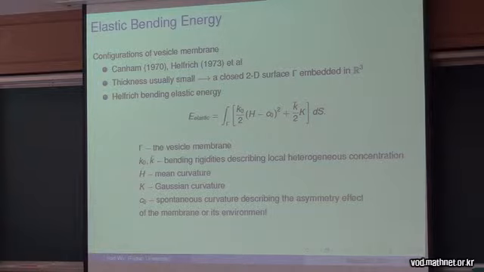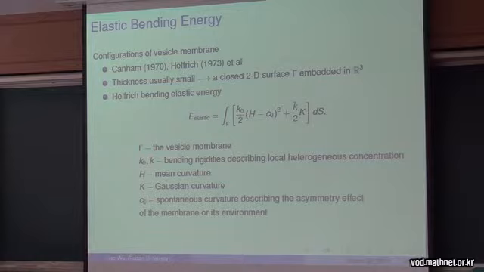And in order to describe the shape of the membrane, in the 1970s, Canham and Helfrich introduced the following elastic energy of this closed surface. So here are some parameters.